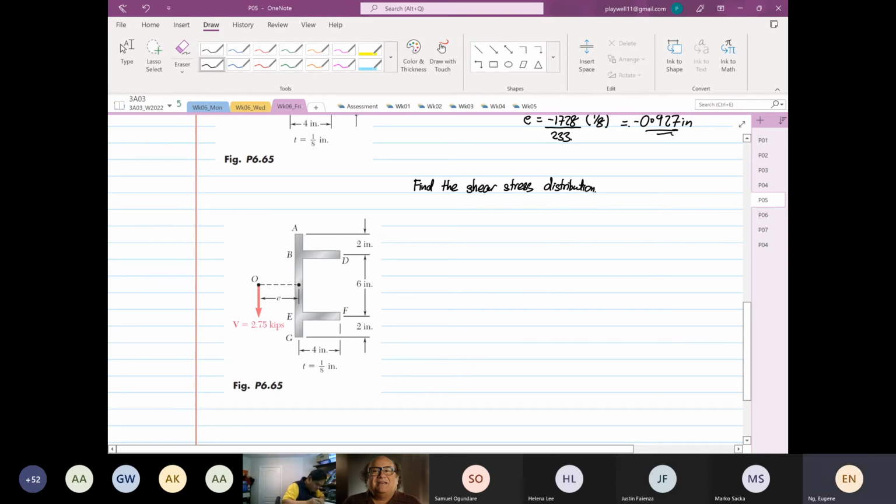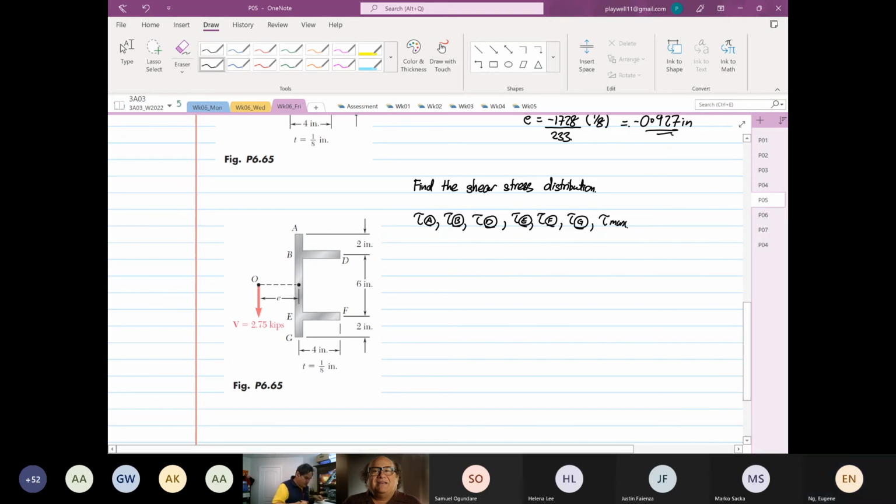That is, we have to find stress at point A, stress at point B, stress at point D, stress at point E, stress at point F, and stress at point G. We also have to include the maximum shear stress.